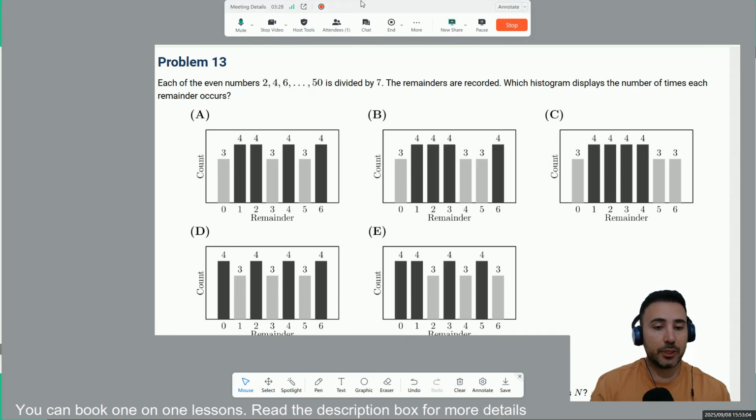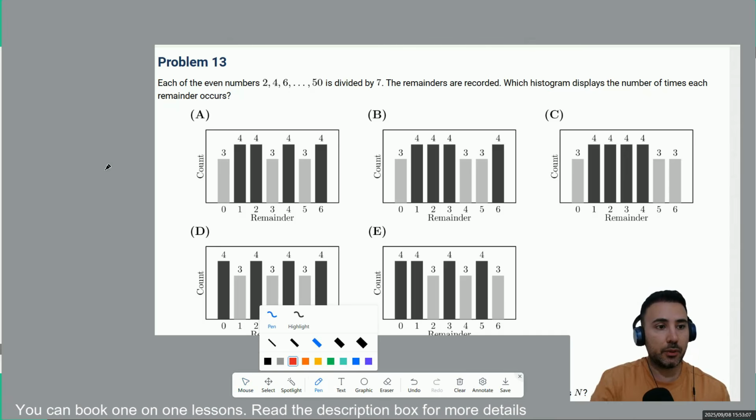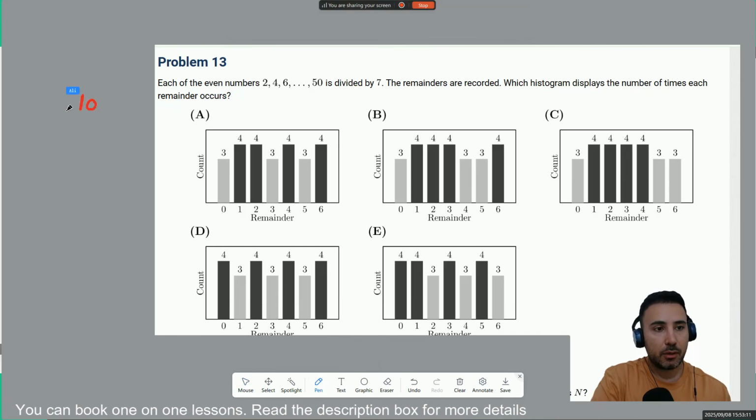Before we start, let's make sure we all know how to find remainders. For example, when 10 is divided by 6, this is how we do this, and the remainder is just 4, right? But sometimes we might get confused. What if the number we're trying to divide is smaller, like dividing 2 by 6? What is the remainder in that case?